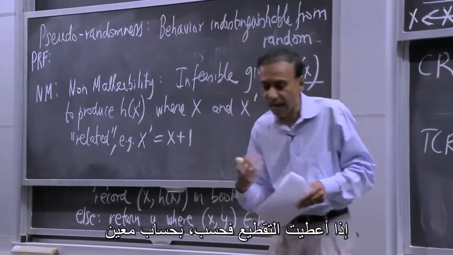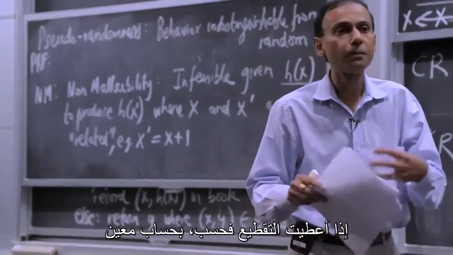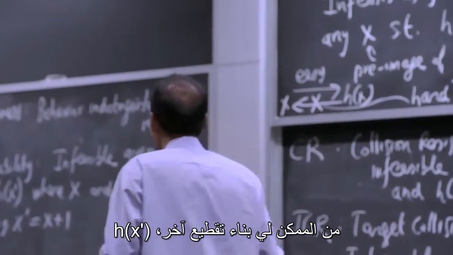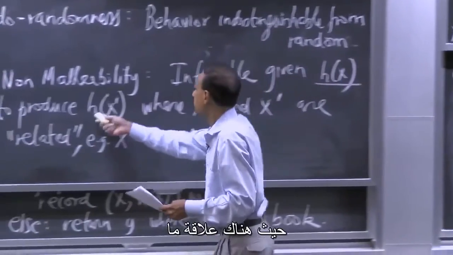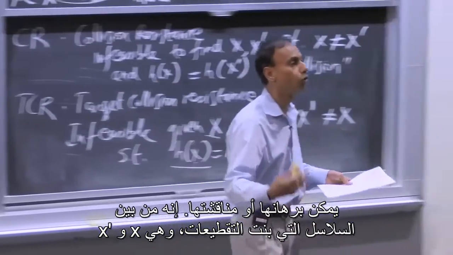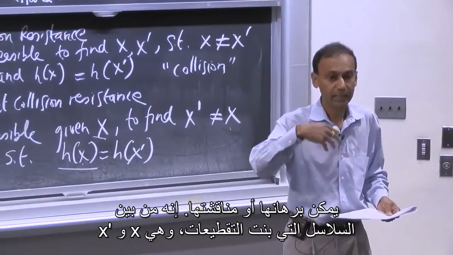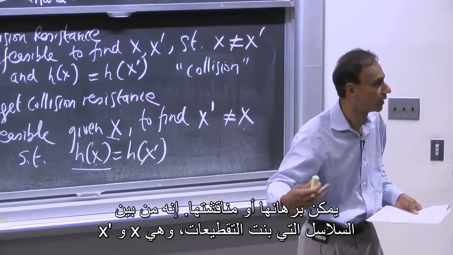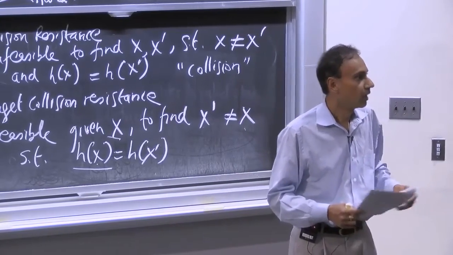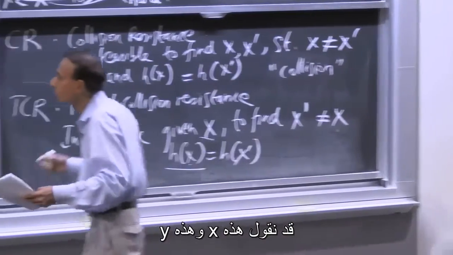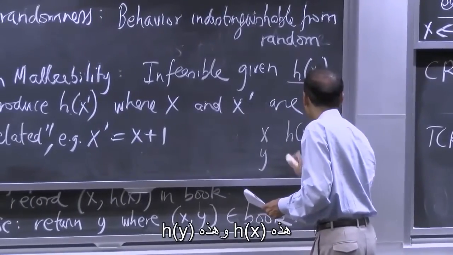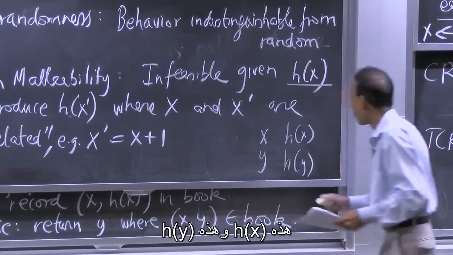So if I'm just given the hash through some computation, it may be possible for me to create another hash, h of x prime, such that there's some relationship that I can prove or argue for between the strings that created the hashes, namely x and x prime. Okay? That's what malleability is, right? Now, you might just go off and say, here's an x, here's a y, here's h of x, and here's h of y.